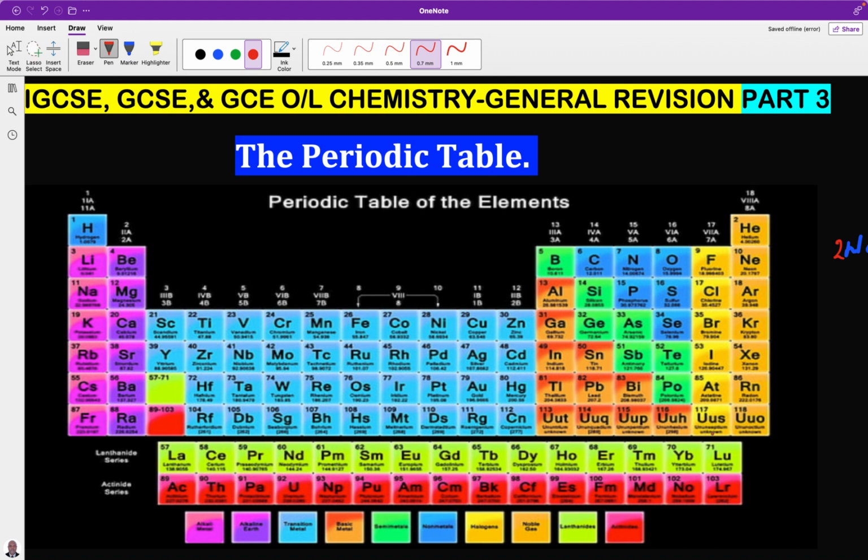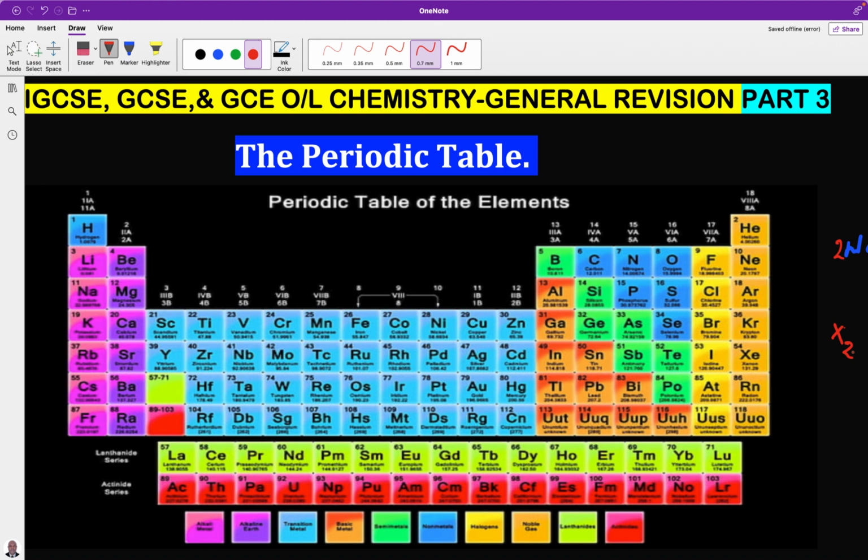It should also be noted that these elements are all non-metals, and they exist as diatomic molecules. When I say diatomic molecules, I mean a molecule like X2.